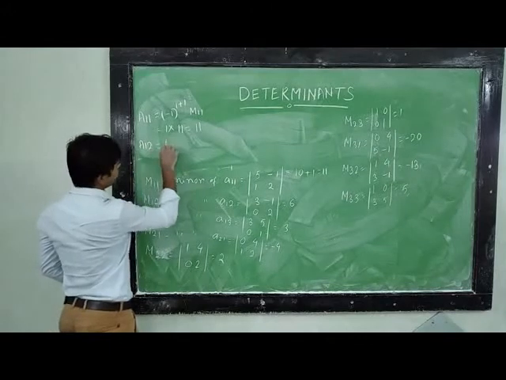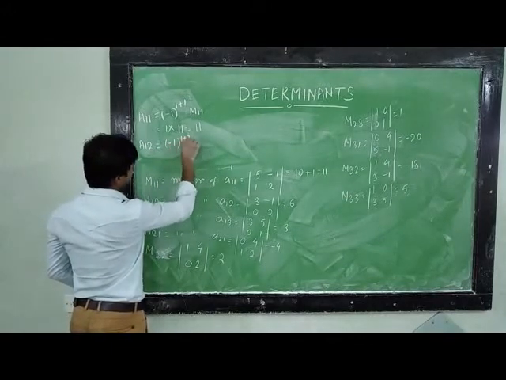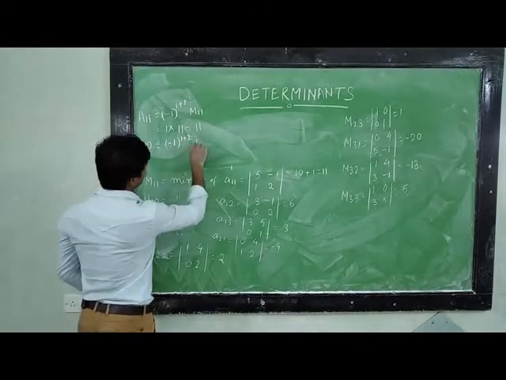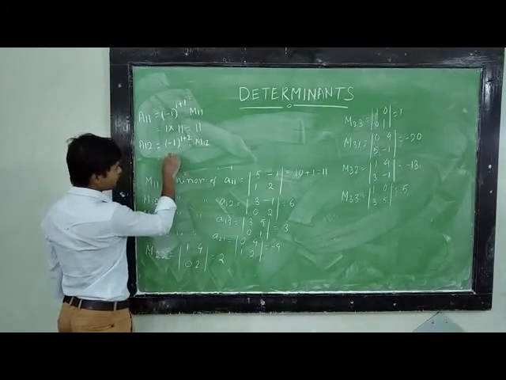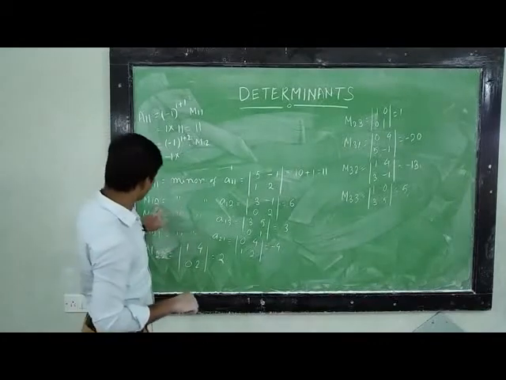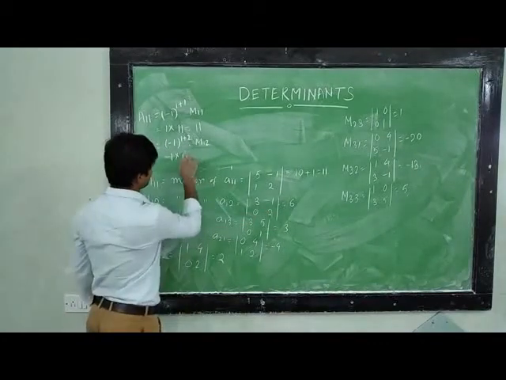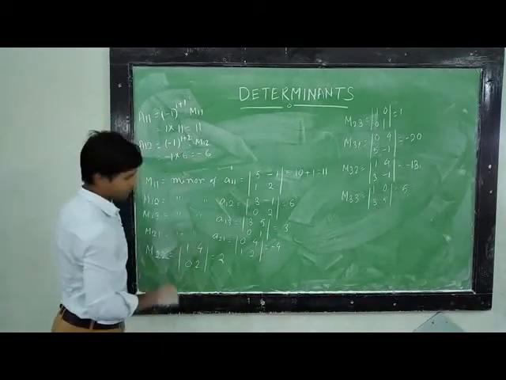A12, that is minus 1 whole to the power 1 plus 2 into M12. So that is minus 1 whole cube, which means minus 1, and M12 is equal to 6. So that is equal to minus 6.